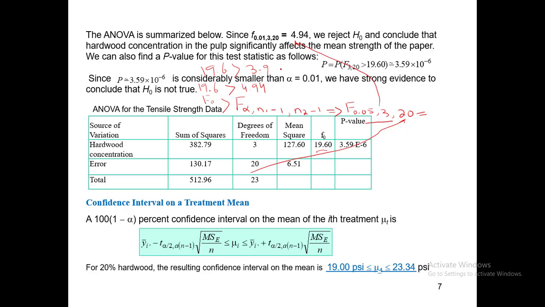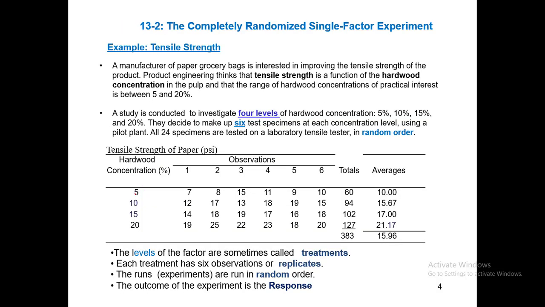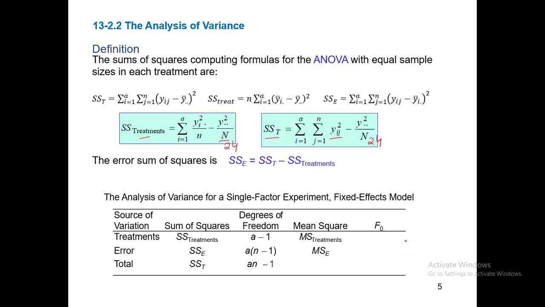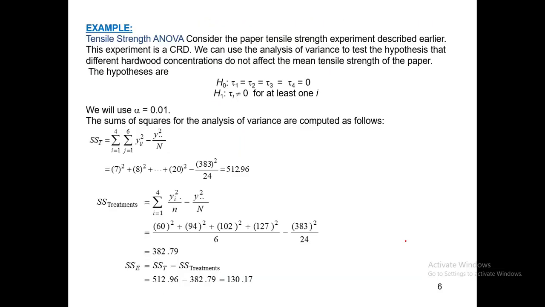Again, this is true, so we reject the null hypothesis. It means that a statistically significant difference exists among the 4 treatment levels on the response variable. In such a case, we reject the null hypothesis H naught that we formulated for our study, and our alternate hypothesis will remain that there is a significant difference among the means of the 4 treatments.